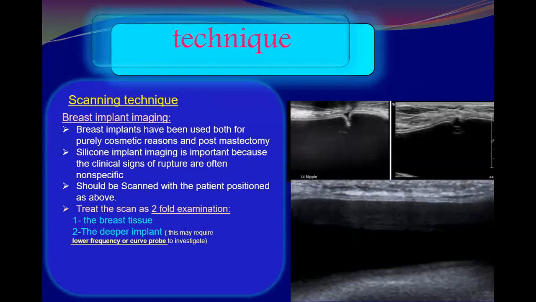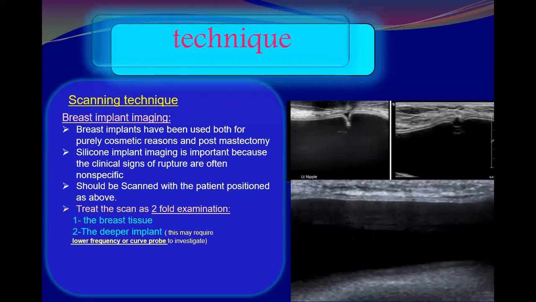So, regarding the implant, what is the scanning technique for the implant? It is more or less the same. We have to optimize patient position the same as for the breast examination, and optimize the machine.